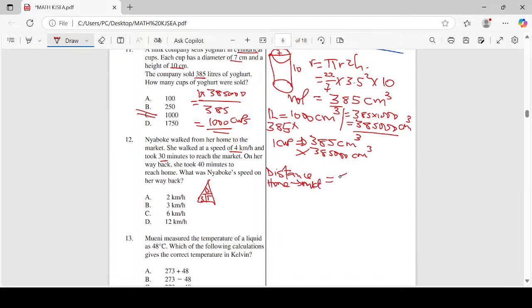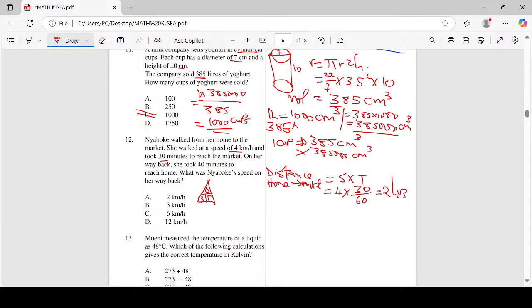Distance is given by speed times time. The speed at which this person walked was 4 kilometers per hour times time. Time is 30 minutes. We have to divide it by 60 so that we get the time in hours. Now you multiply 4 times 30 over 60, that gives you 2 hours.